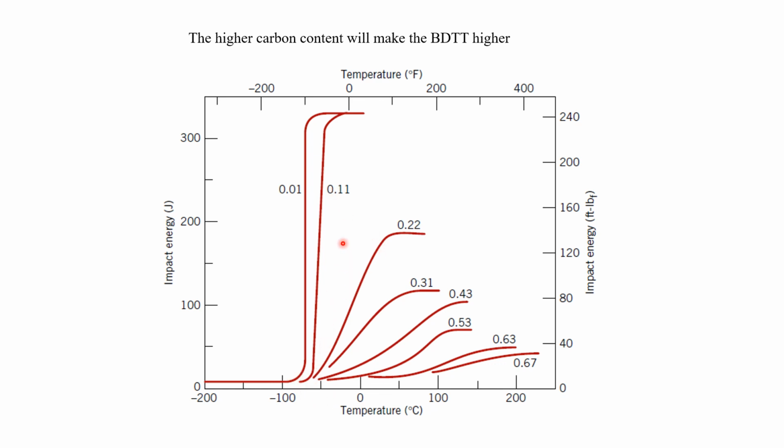The transition temperature is likely to be located at minus 40 C. For example, if you have 1045 steel, you're likely to see a curve pretty similar to this, and the transition temperature is located at about 50 C. Okay, so that's pretty much the main lecture. Good luck with your experiment.